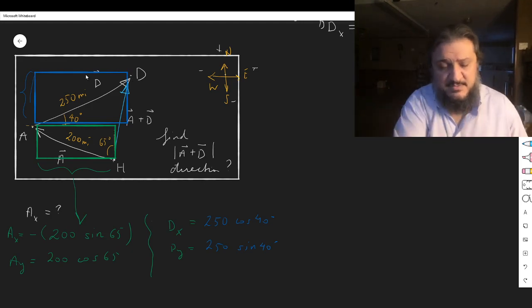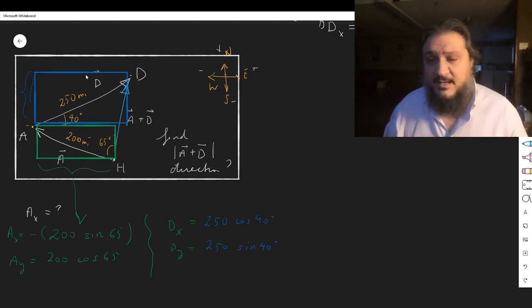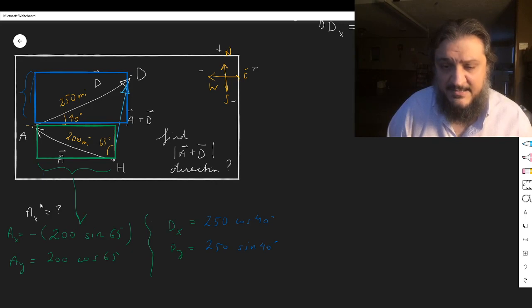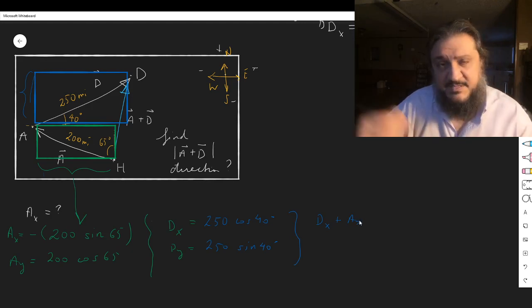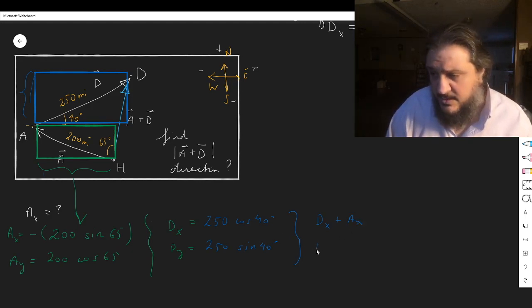So find those numbers using your calculator and then add them up. Add ax to dx and add ay to dy. So if you do that, what do you get? Let's see. dx plus ax, or ax plus dx, doesn't matter, and ay plus dy.